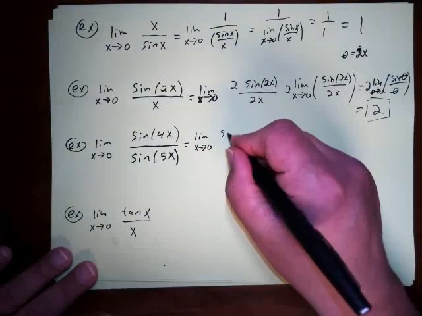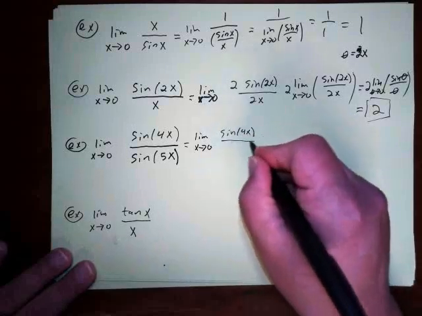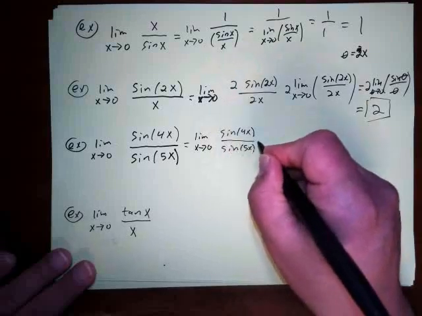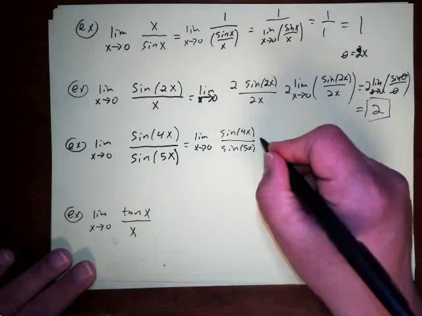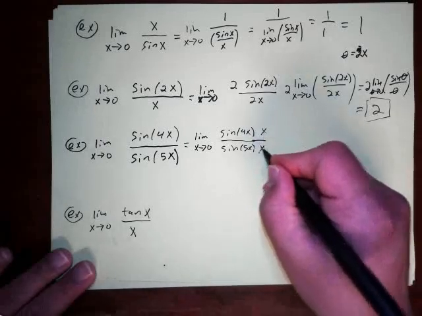So I'm going to get the limit of sine of 4x over sine of 5x, and I'm going to multiply the top and bottom by x. An x here and an x here.